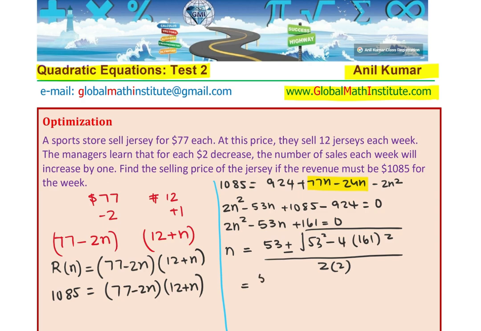So we have 53 plus minus 39 over 4, correct? So 53 minus 39 can also work, right? So 53 minus 39 equals 14. Divide by 4 gives me 7 by 2. So one of the answers is 3.5.